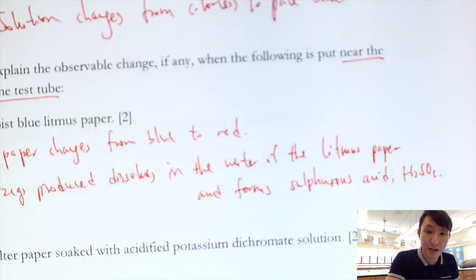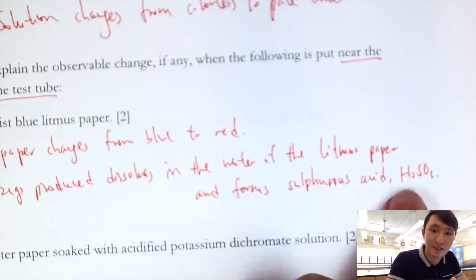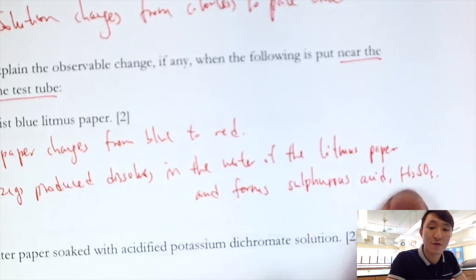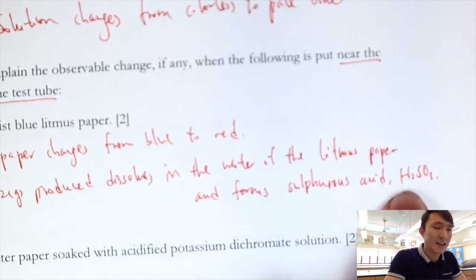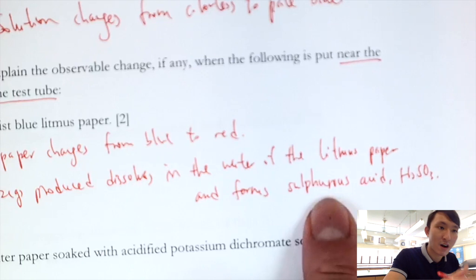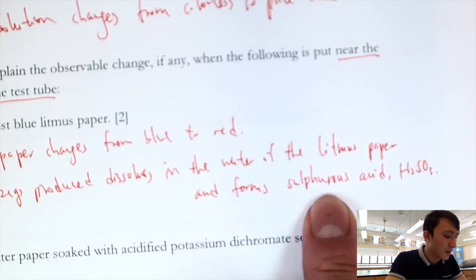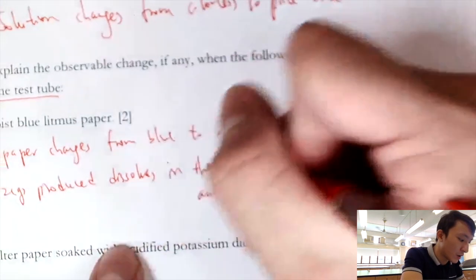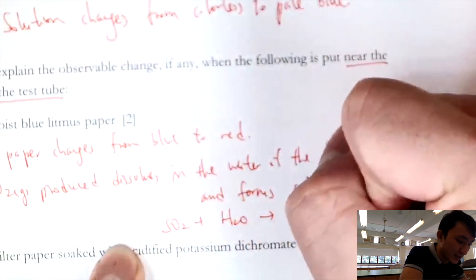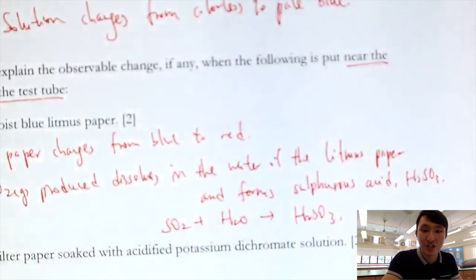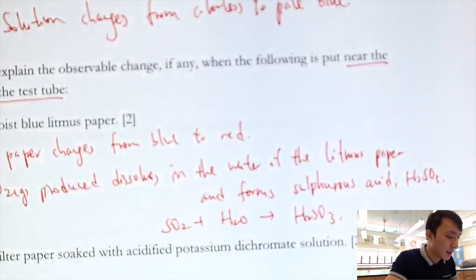For sulfur dioxide, it only forms sulfurous acid. And if we have sufficient oxygen or an oxidizing agent, then the sulfurous acid can oxidize into sulfuric acid. But I think this is not the case. You may also include a chemical equation, SO2 dissolves in water to form H2SO3, to substantiate your explanation.